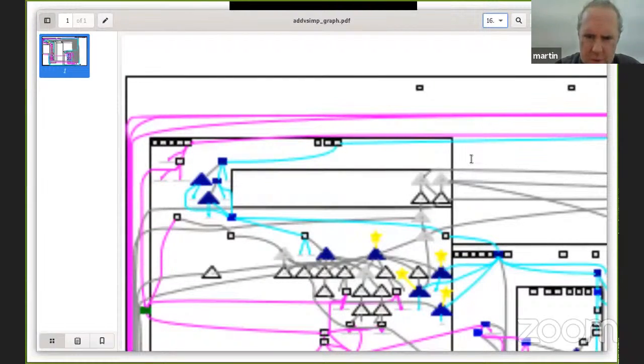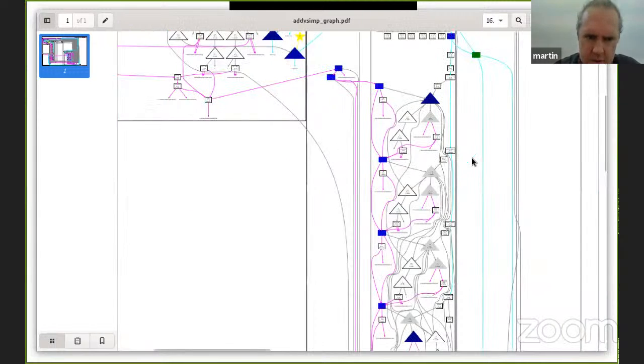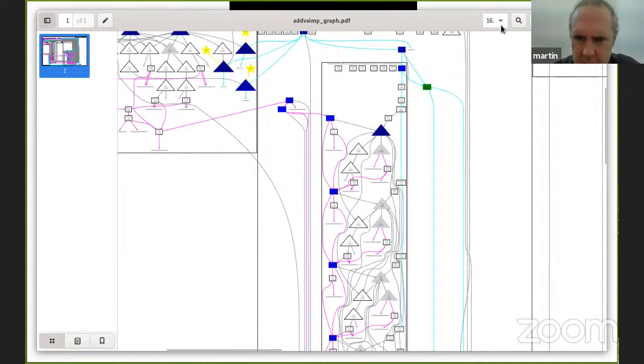So this is about 30%. Let's have a look. I think this one here. Sorry, no, that's the highest level of detail it will render it at.